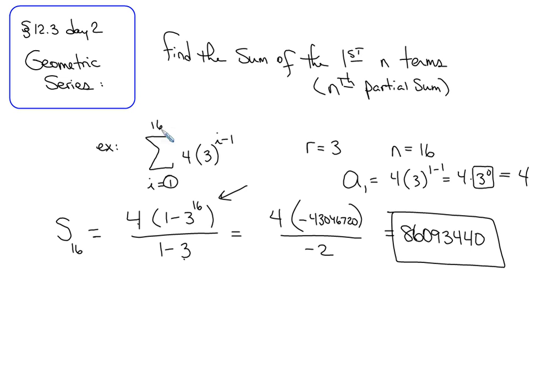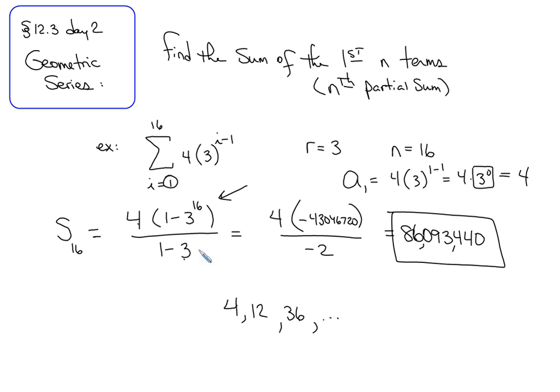So look at this simple looking series, guys. My first term is 4. The next term is going to be 12, because we're multiplying by 3 each time, and then 36, etc. Doesn't it seem amazing that if I just add up the first 16 terms of that thing, I'm over 86 million? Geometric sequences grow at an extremely fast rate. You guys see that?